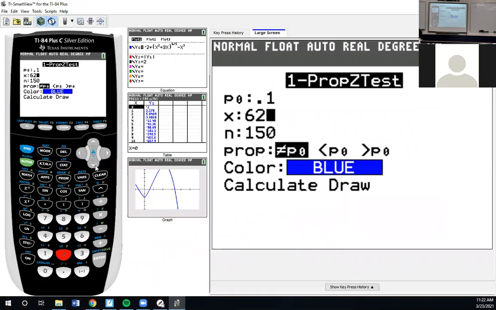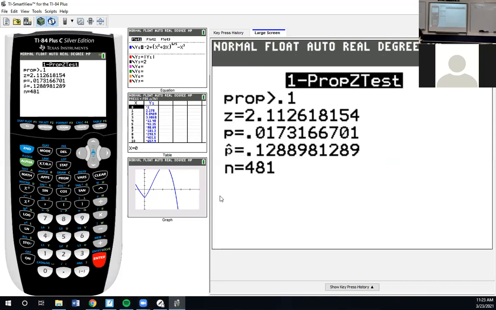Our alternative was that P was greater than 0.1. So there's our z-score, there's our p-value. So we're going to end up rejecting our null hypothesis. So that's the quick outline of the four-step process on that problem.